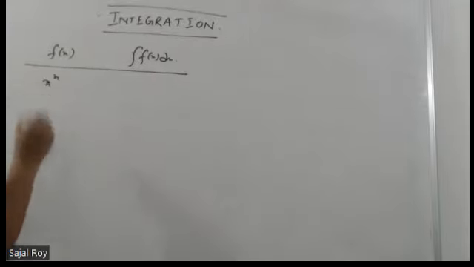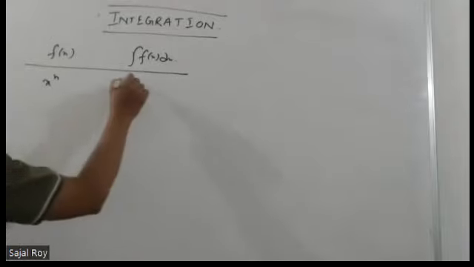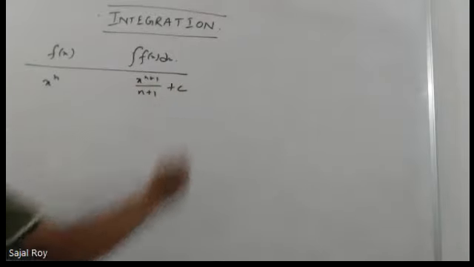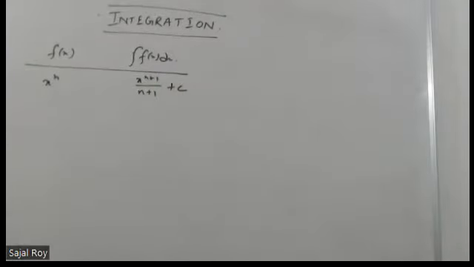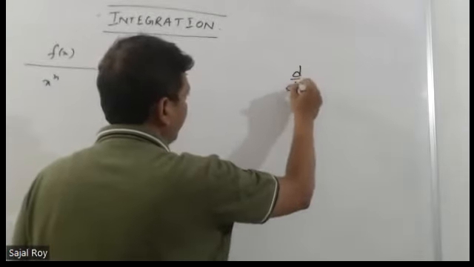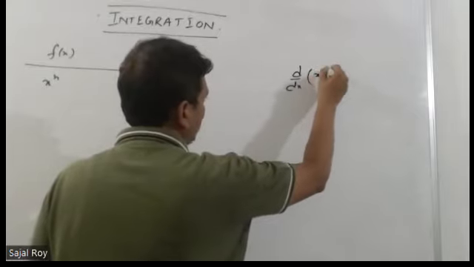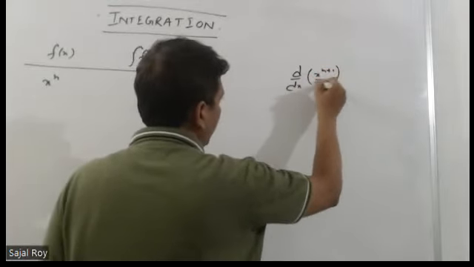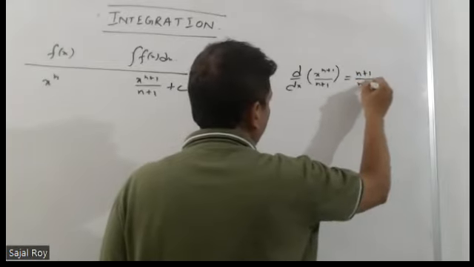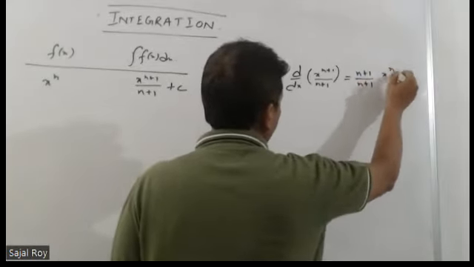Suppose the first function is x to the power n. The integration of x to the power n is x to the power n plus 1 by n plus 1, plus c. Why? Look at the derivative of x to the power n plus 1 by n plus 1: it is n plus 1 over n plus 1 into x to the power n.